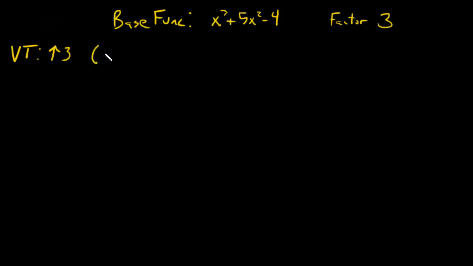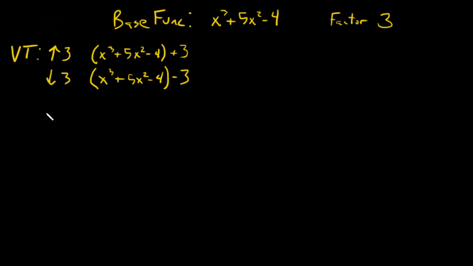Take the entire function, put it in parentheses, x cubed plus 5x squared minus 4, and add 3. Okay, if I want to go down by 3, I take the entire function, put it in parentheses, and I subtract 3.